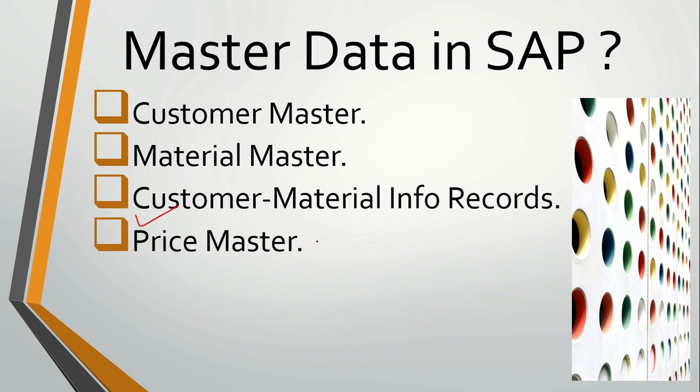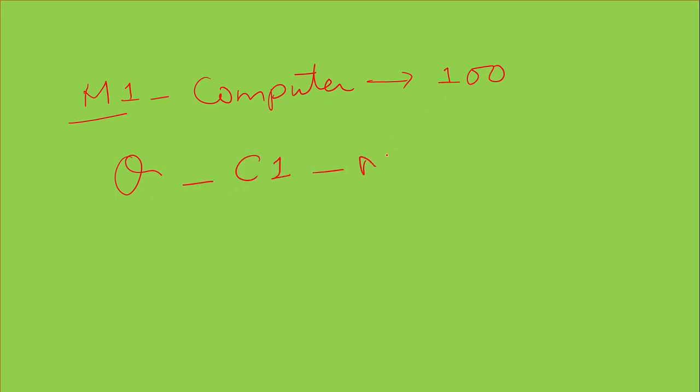Then what is the usage of this price master? See, there is a code in your system, M1, for computer. So you are saying that this material has a price of 100 rupees. Let us take a very simple example. Again, while you create an order for any customer for this material, you will not have this material without any price.